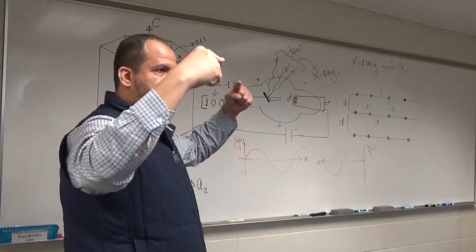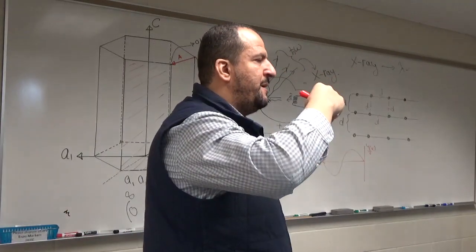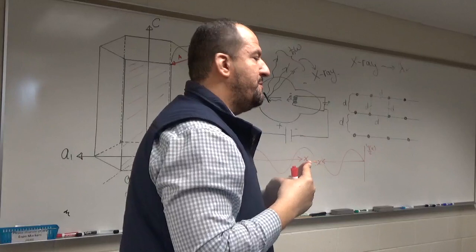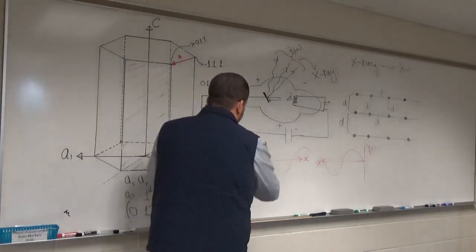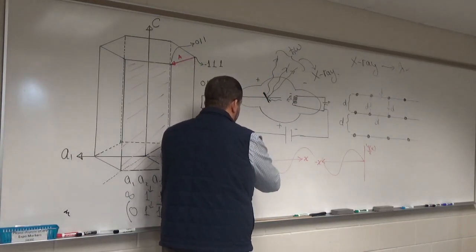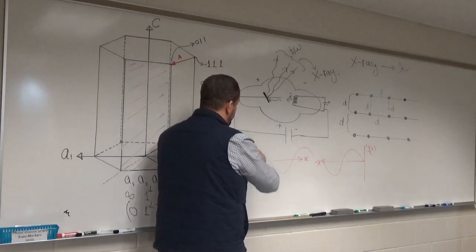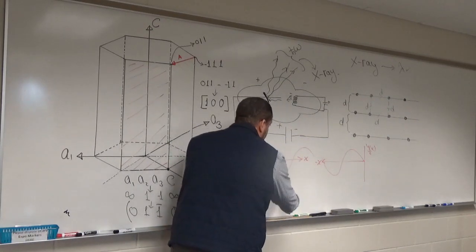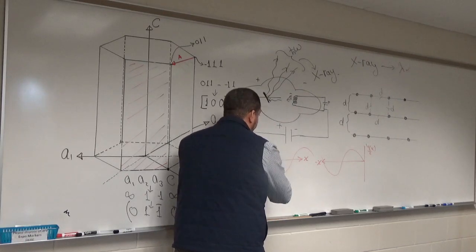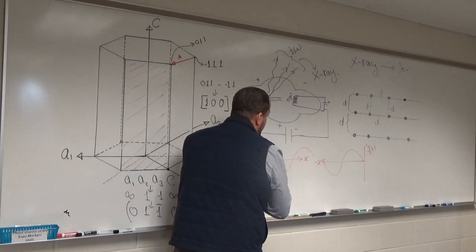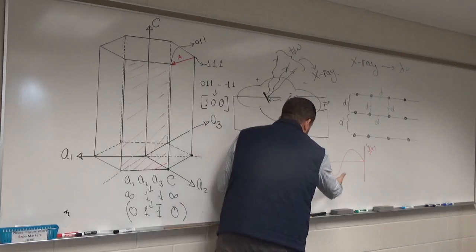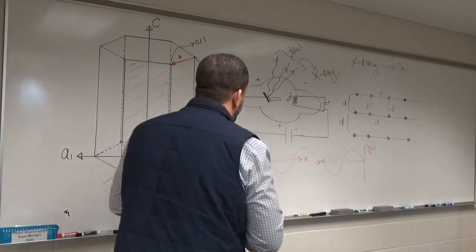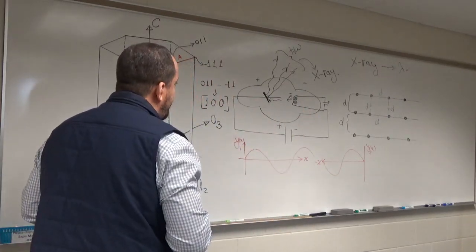Now those two waves can go like this. If they are in phase, what will happen? You will see that the amplitude will be doubled. If we have A here and A here, the resultant would be 2A, and you can see that you will have a result from this interference.